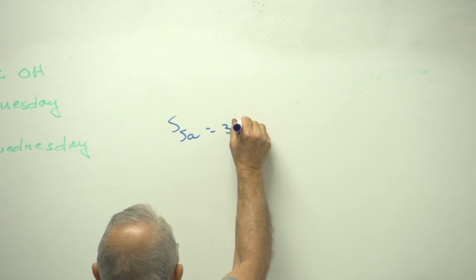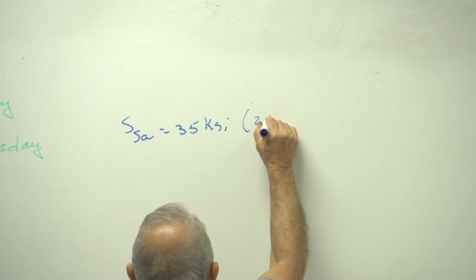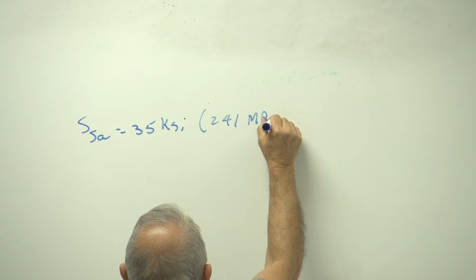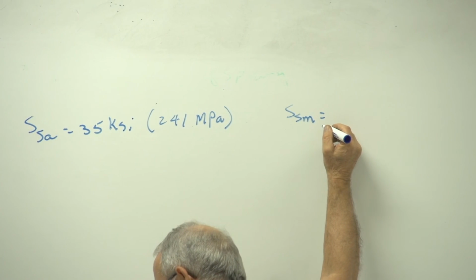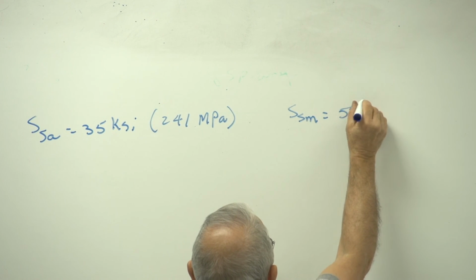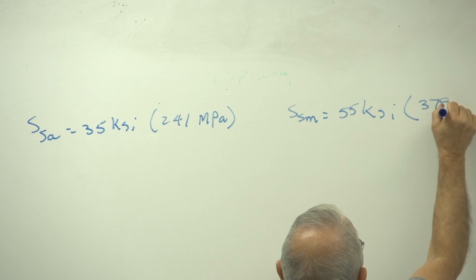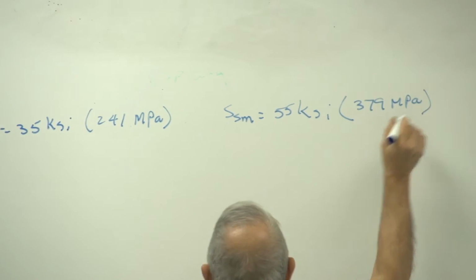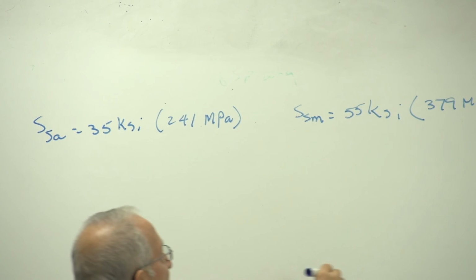It says SSA equals 35 KSI, which is 241 MPa. SSM equals 55 KSI, which is 379 MPa. This is for unpeened wire.